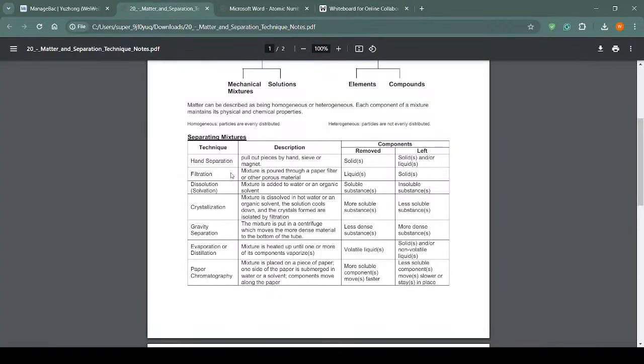Hand separation, filtration, pour through a paper filter, dissolution, which are added to water, soluble and insoluble, crystallization, which are dissolved in hot water, solution cools down and crystals formed. More soluble are removed with the water and less solubles form crystals.